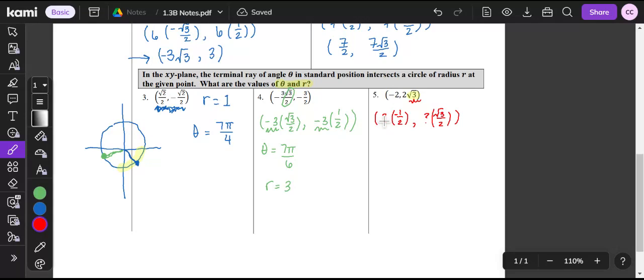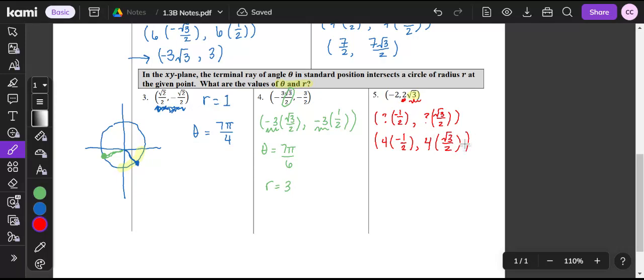Well, I know that 4 times negative 1 half is negative 2. So I think this is what's going on here. And if the radius is 4 here, that means the radius must have been 4 there. And I can just double check and make sure that's right. 4 divided by 2 simplifies to 2 root 3. Yep, very good.